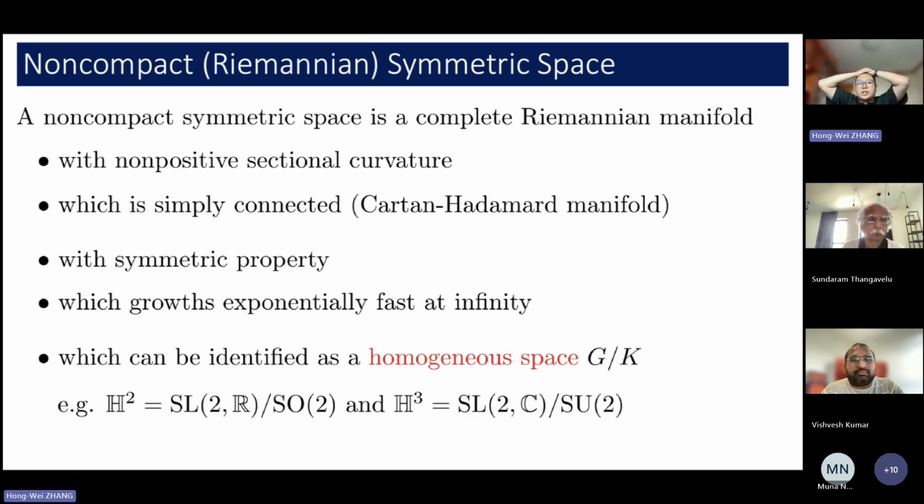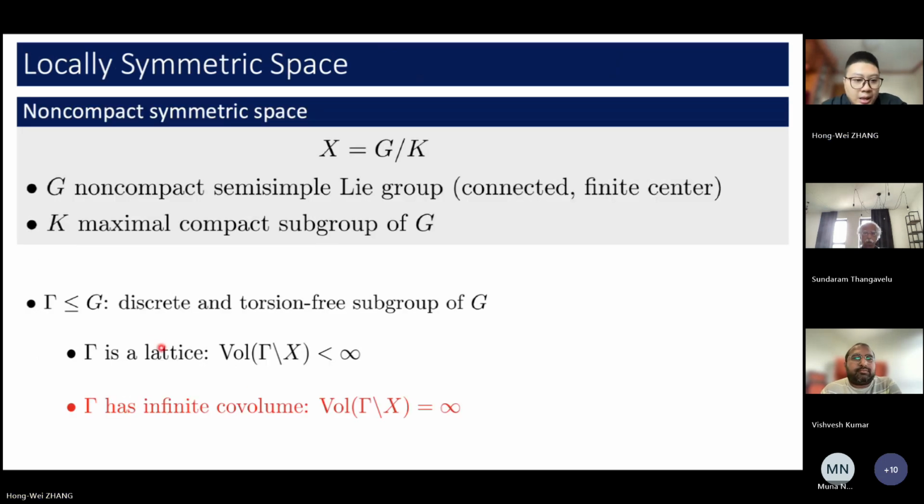We use standard notation, so I just briefly recall the definition. It's just a complete manifold, simply connected with non-positive sectional curvature, which grows exponentially fast at infinity, and we can write a symmetric space as G mod K. I think this is the notation you know very well. And we consider in higher rank a discrete subgroup of G, and gamma satisfies that the volume of this locally symmetric space is infinite.